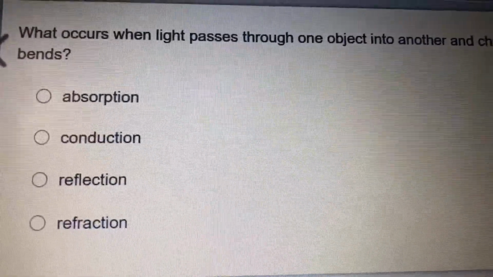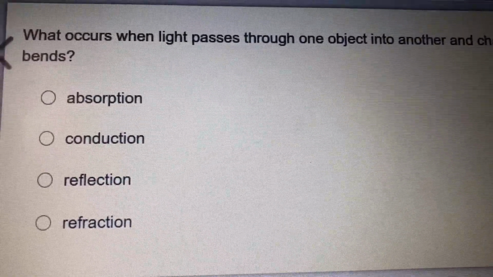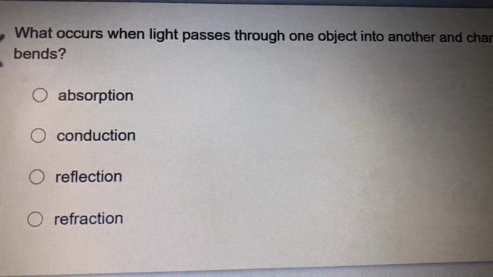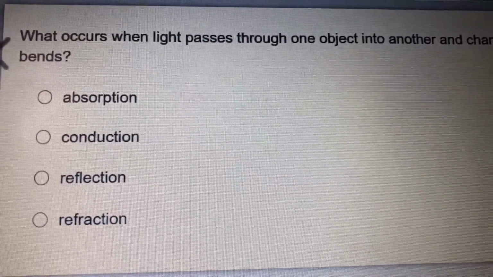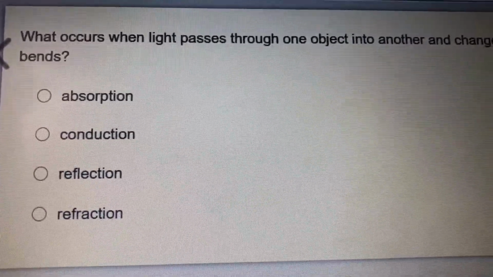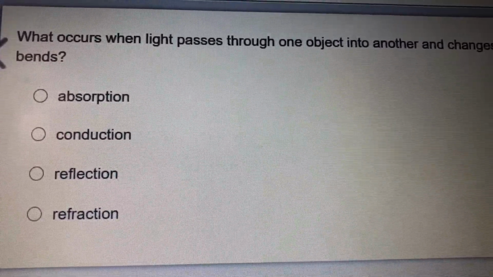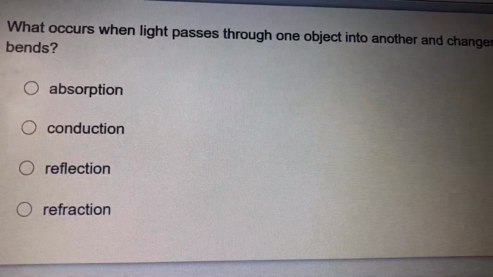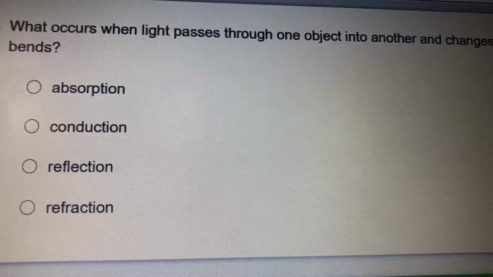Well, we know that when light goes through one object, it appears like it's bent. Remember those experiments that we did a long time ago? So when light is bent, what's happening is refraction, okay? Remember, bending light would be called refraction. We have time for one more question, okay?